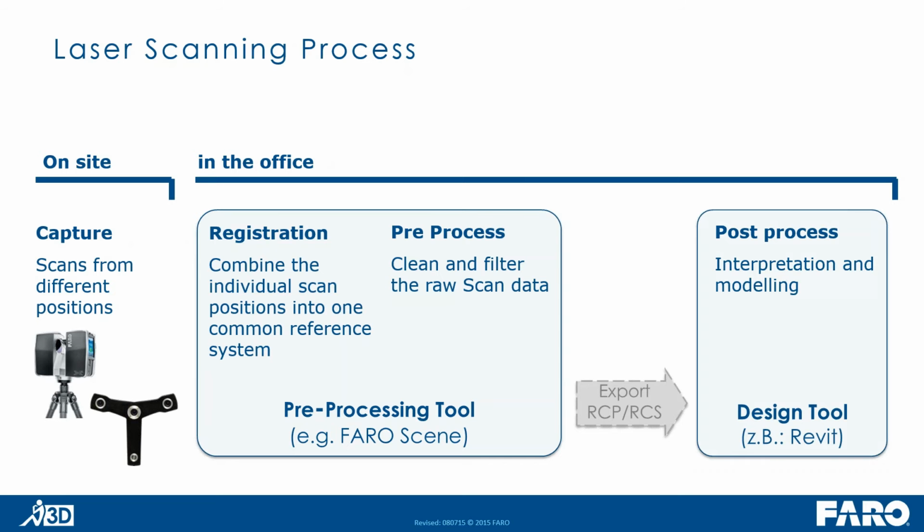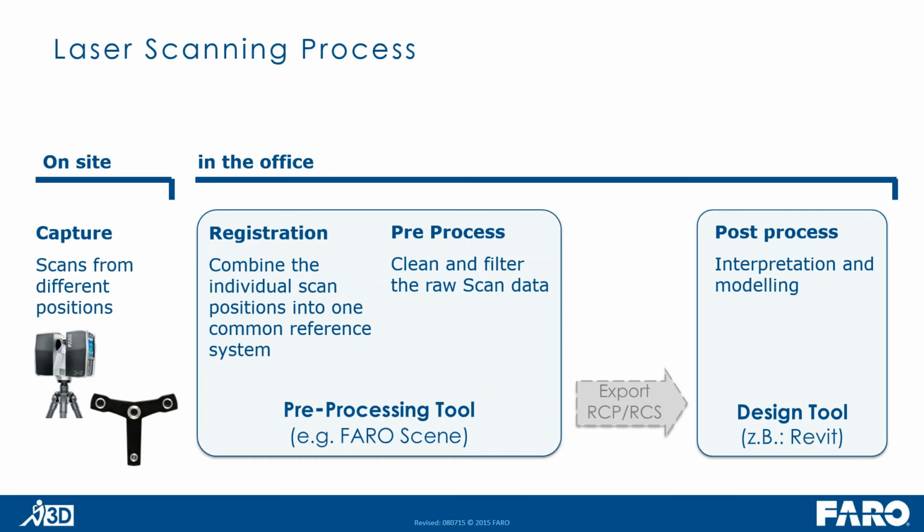And so we are in the Autodesk world, in the Autodesk environment, and so we need our point cloud data in an Autodesk file format. This is the Recap file format, RCS or RCP. RCS stands for Reality Capture Scan, and RCP for Reality Capture Project.